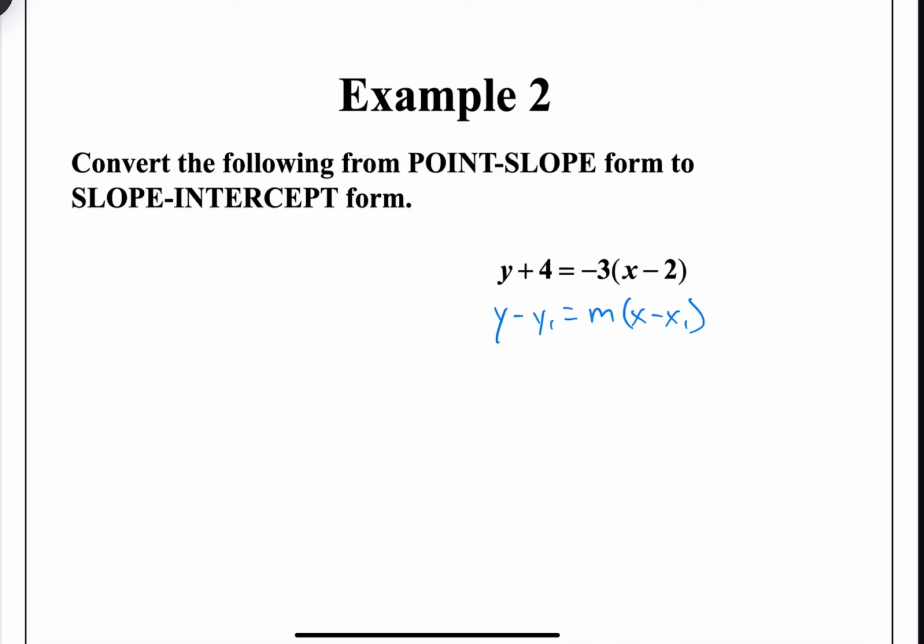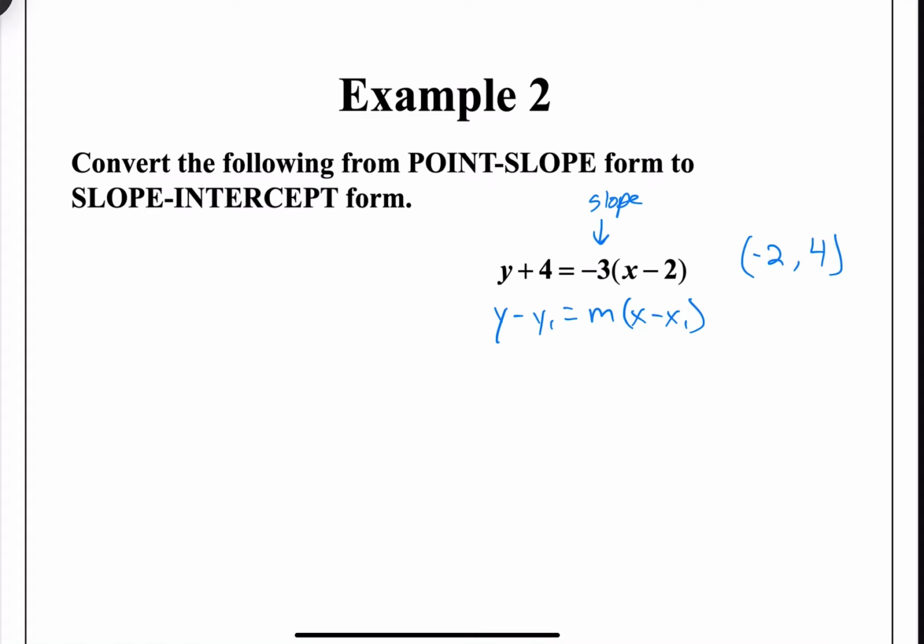This is telling us our slope is negative 3, and then we have a point that involves the number 4 and negative 2, and negative 2 is our x1, so negative 2 is our x value, and 4 is our y value.